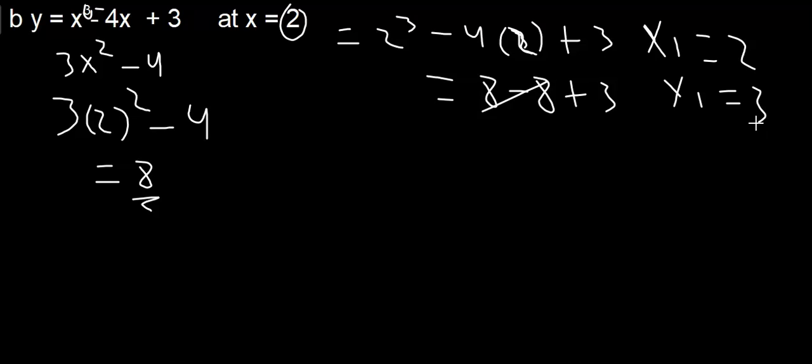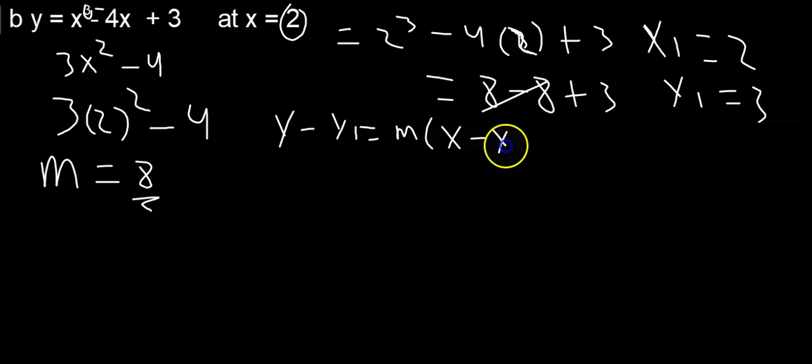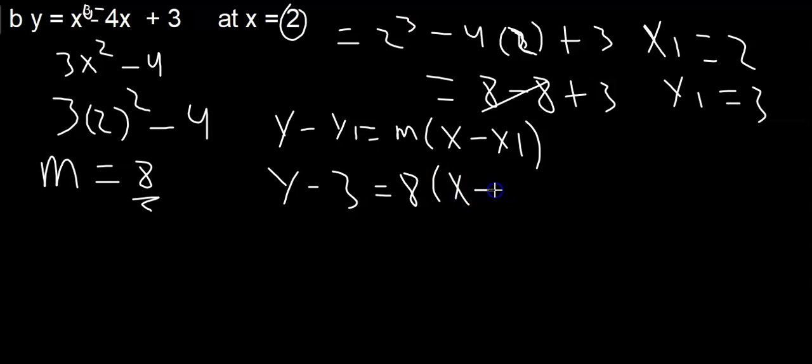Now I can write my equation because I have everything I need: the slope m, x1 and y1. So I'm going to say y minus y1 equals m times x minus x1. y1 is 3, m is 8, and x1 is 2.